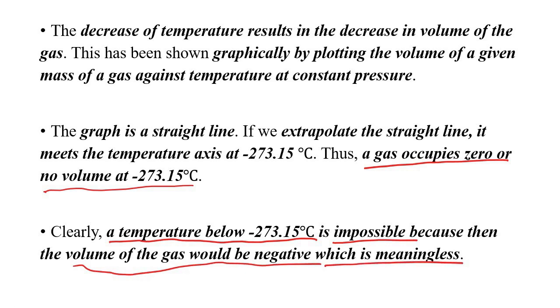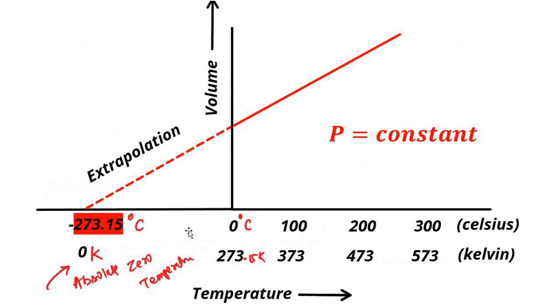At this point, the volume is 0. If we go beyond this, decreasing the temperature continuously, we will go to negative volume, which is nothing. We cannot have negative volume, which is a meaningless concept.